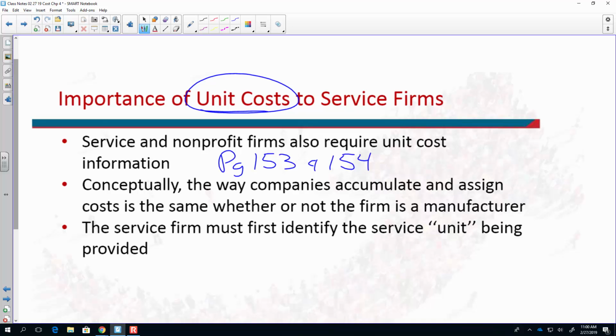I'm just trying to think of some service. Restaurants, so to speak, are considered in this area. You don't store food inventory, right? So those types of industries also require this important unit cost information.